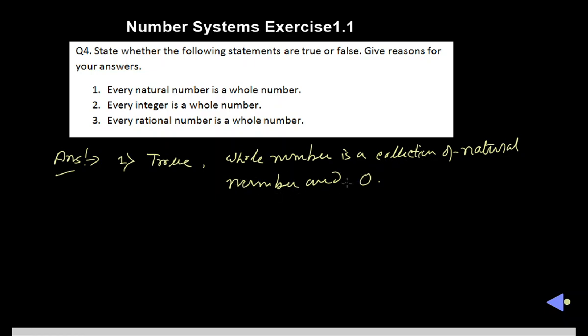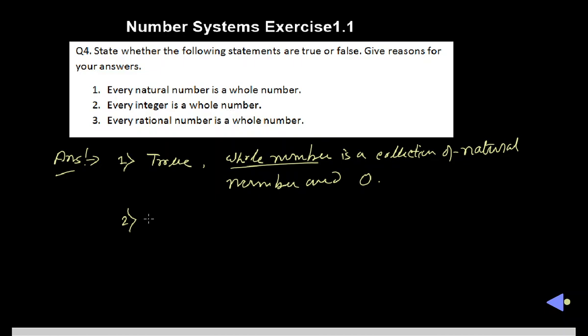Along with the natural numbers, if we add zero, we get the whole numbers. So obviously every natural number is a whole number. No problem.